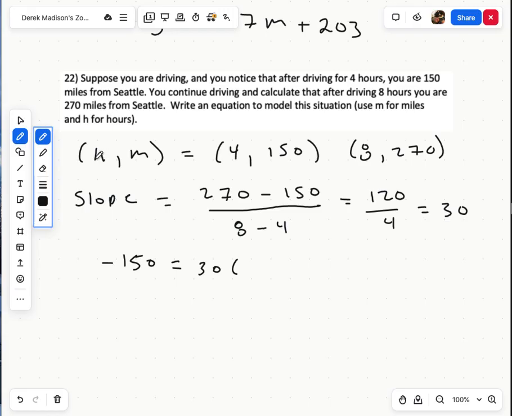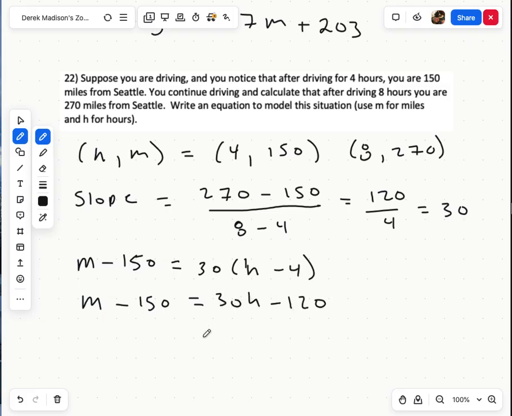And so I should be using miles. 30 and then h minus 4. So cleaning this up, I get miles minus 150 equals 30 times h, and then minus 120.